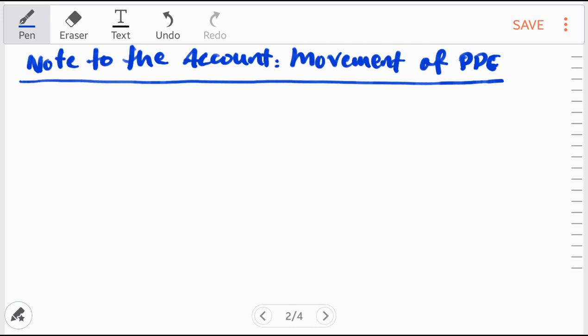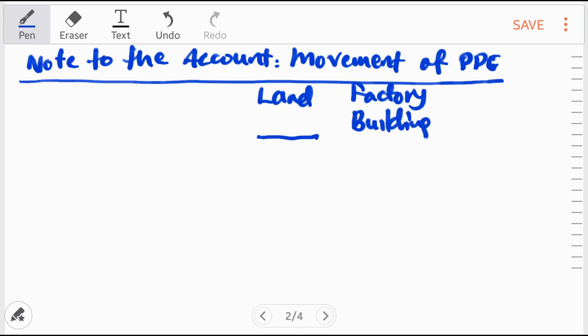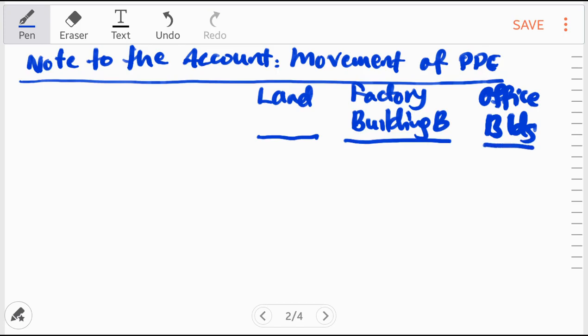And before we do the movement of PPE, you have a few items here. One is the land, another one is factory building B, and the last one is office building.